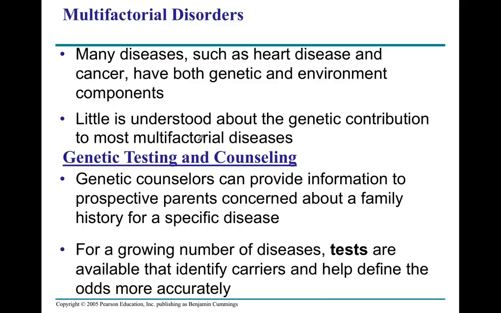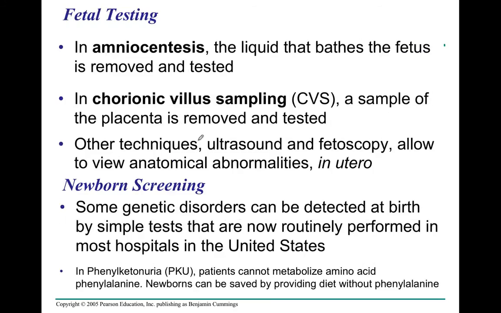You can perform many tests in order to find out if there are any genetic disorders in the baby that is not born. Usually they do newborn screening, that is ultrasound, and look at fetoscopy and find out if there are any anatomical differences, whether the hands and legs have been forming okay or not. But in case you want to find out the genetic defects, then there are two ways.